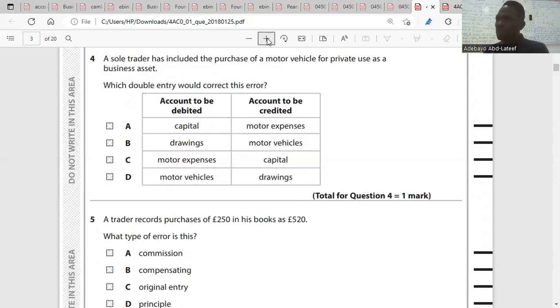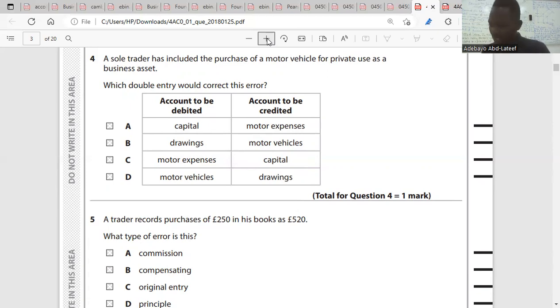We're going to have motor vehicle account and we're going to have drawings account. Because when the owner of a business takes money from the business for private use or personal use, we call it drawings. Are you with me?